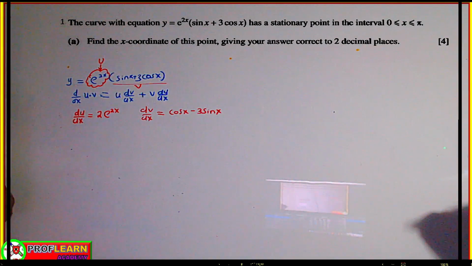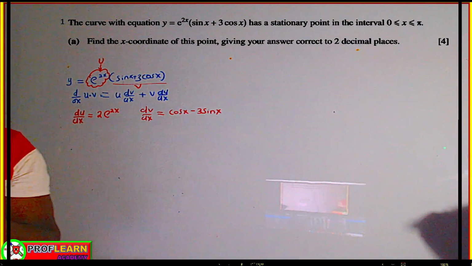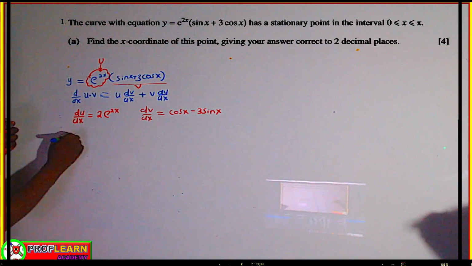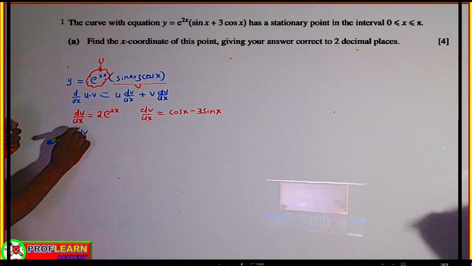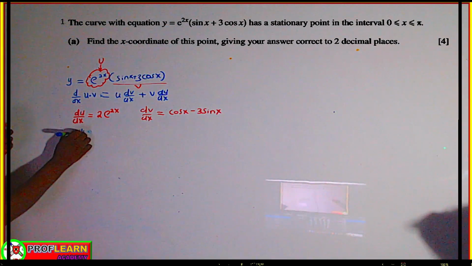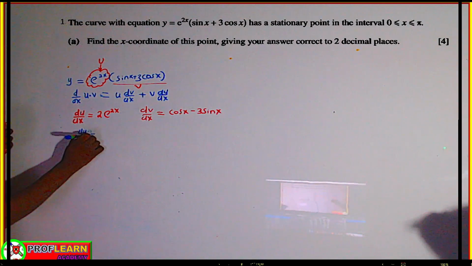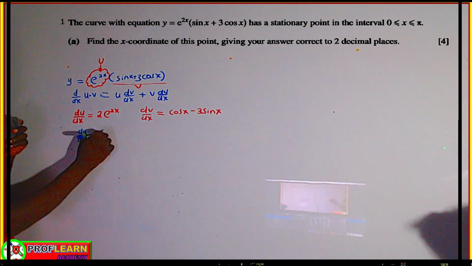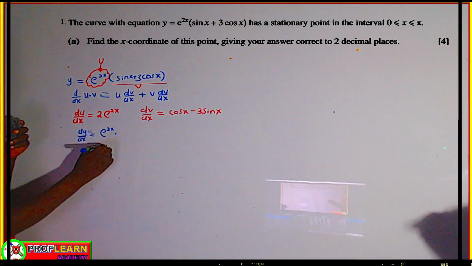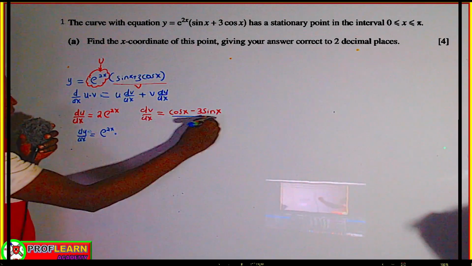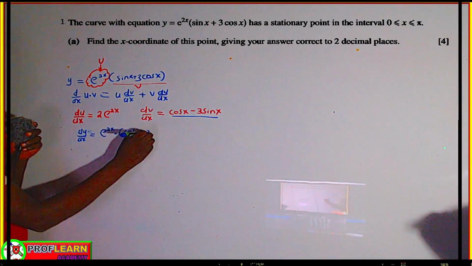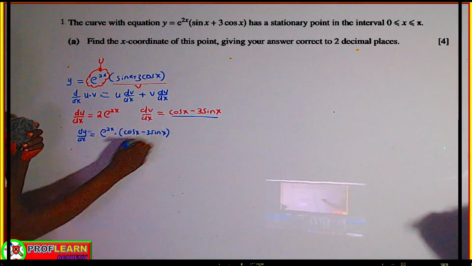Now once we have all this, we can use the product rule and plug in what we have. So dy/dx is going to be equal to u dv/dx. Our u is e to 2x, and dv/dx is cos x minus 3 sin x.